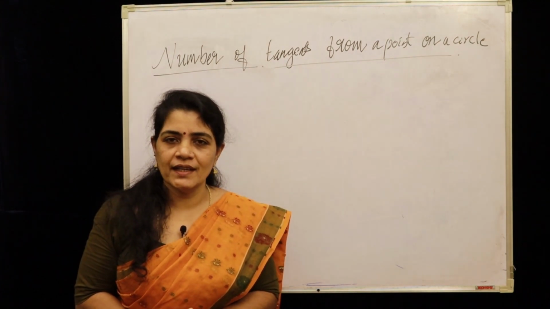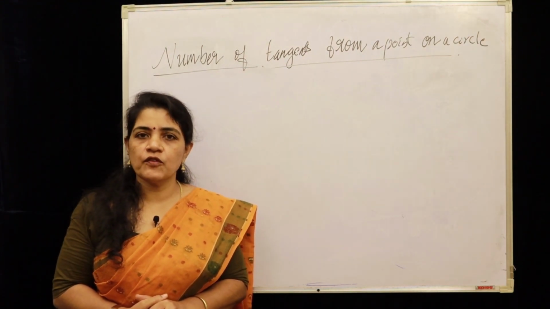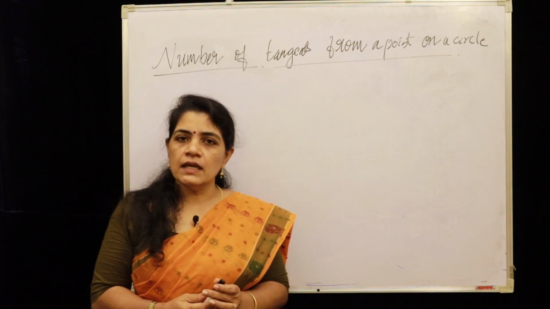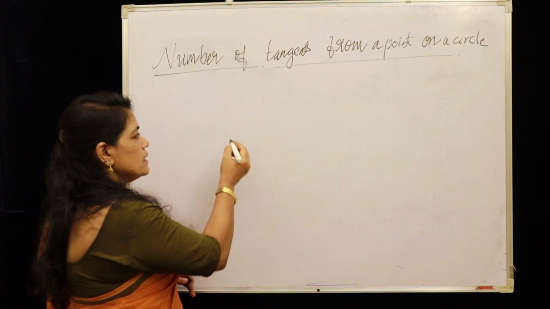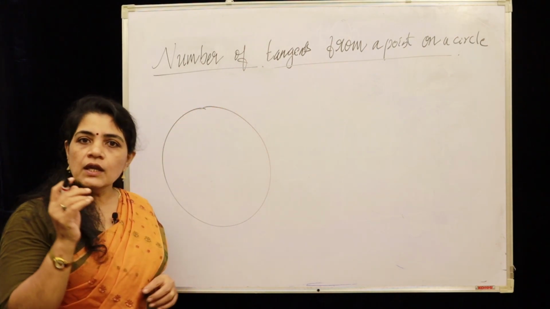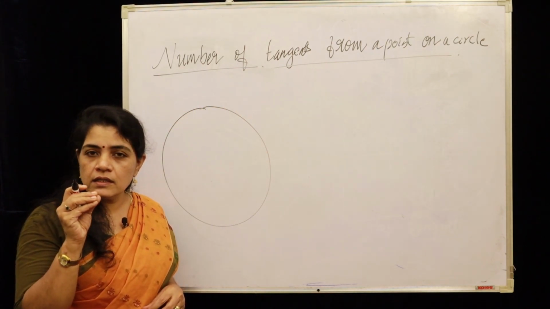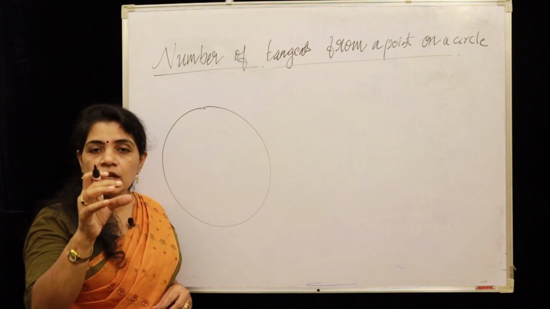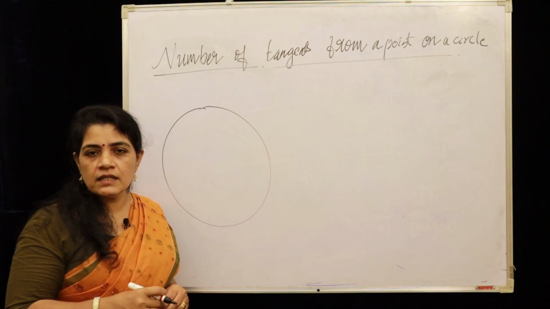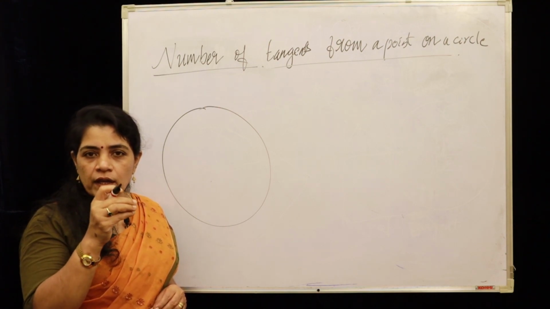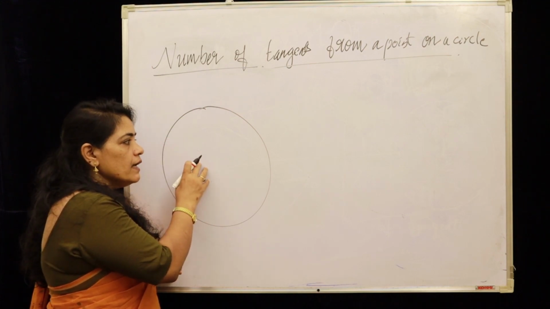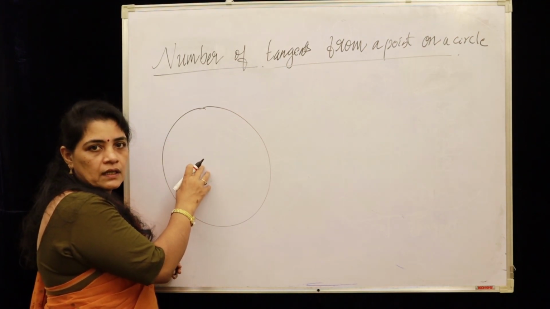Our next point is the number of tangents from a point to a circle. Suppose you have a circle. You can mark a point in three different positions. In the first case, you can mark a point in the interior, a point which lies inside the circle.